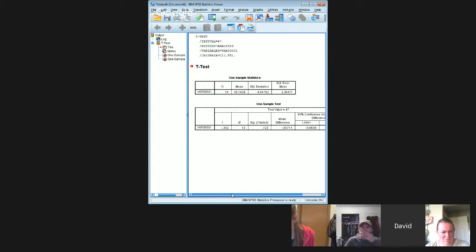So to get the confidence interval, you have to go to Analyze, Descriptive Statistics, and Explore. And then you throw the data over, and then you click on Statistics, check Descriptives, and you have to set the confidence interval.